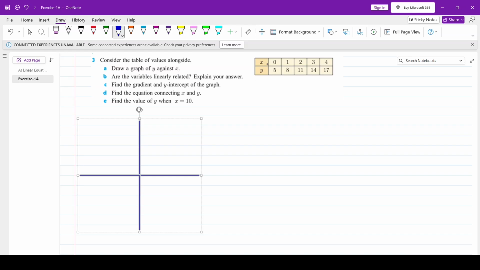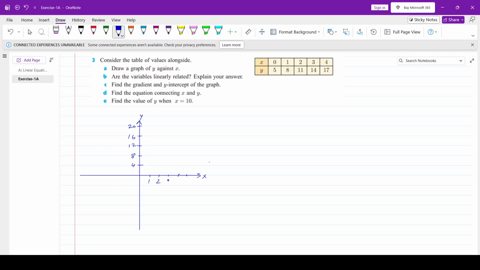Now suppose let's mark numbers on this. This is our x-axis, this is our y-axis. So this is 4, 8, 12, 16 and 20.